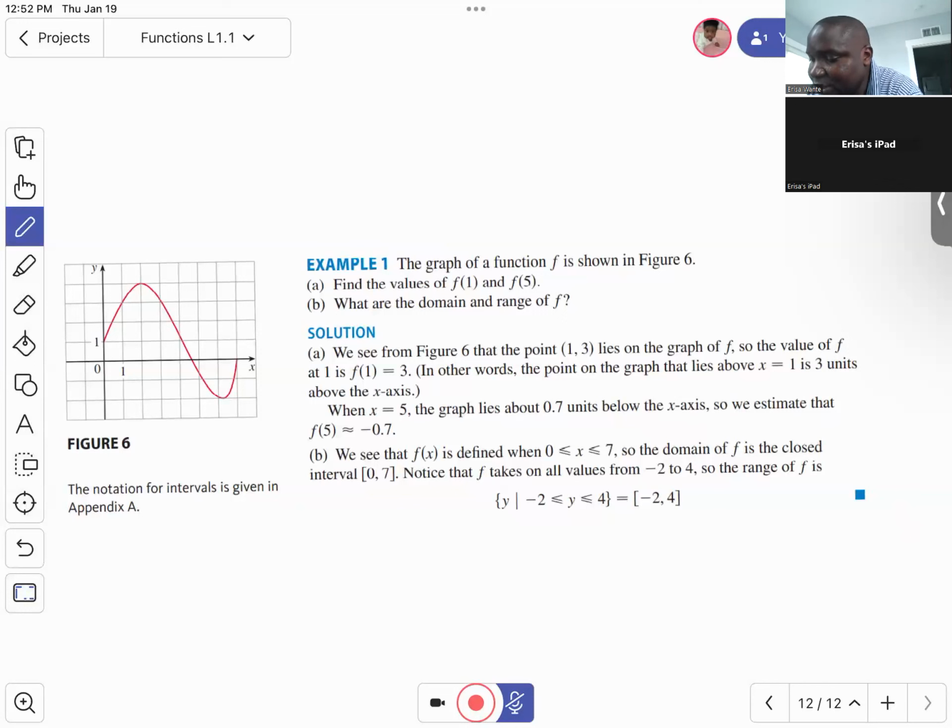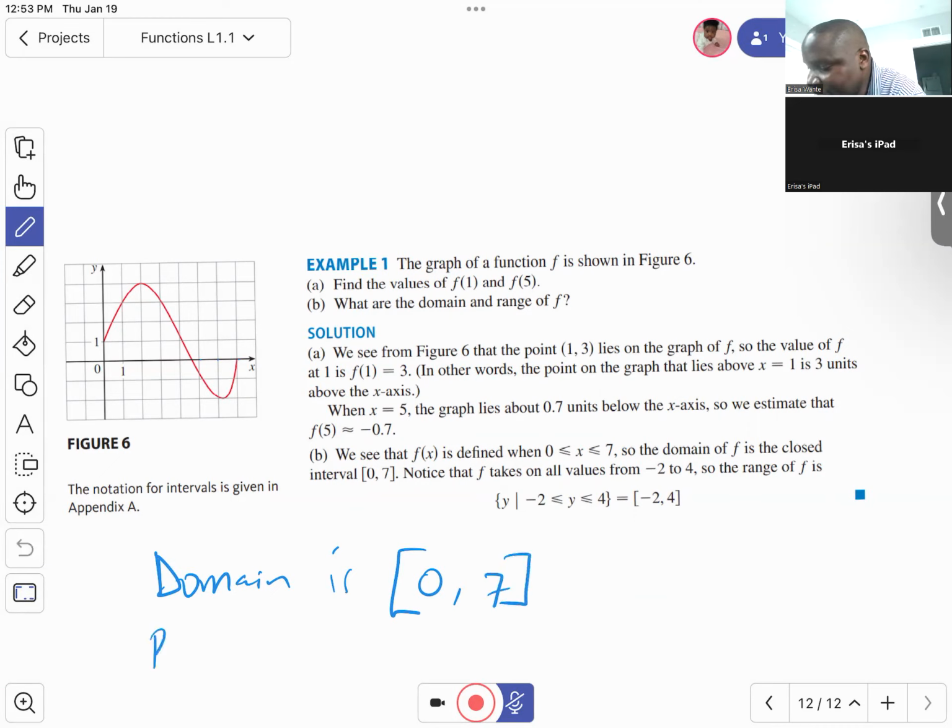If they ask you about the domain, this is the domain. The domain includes 0, so we use a brace. So this is 0, and it goes up to 1, 2, 3, 4, 5, 6, 7. So the domain is from 0 to 7.